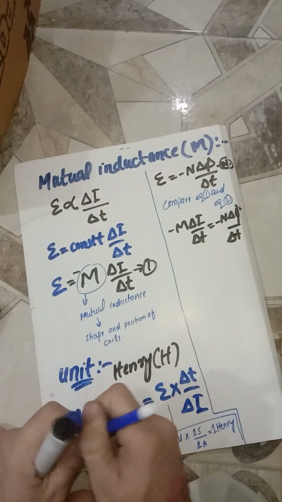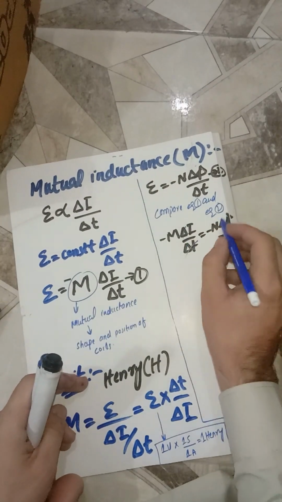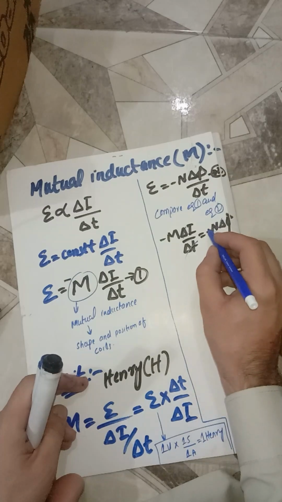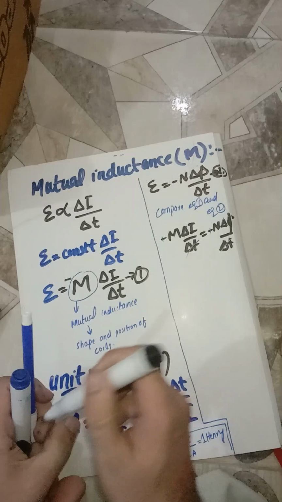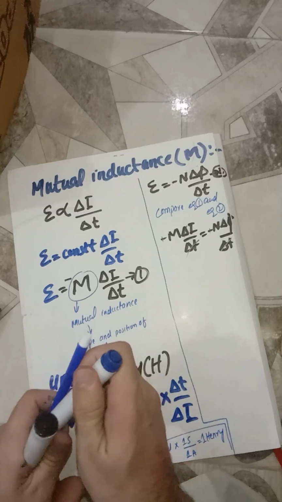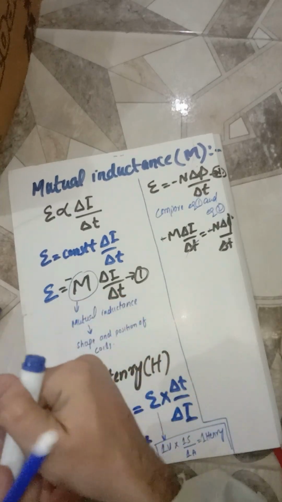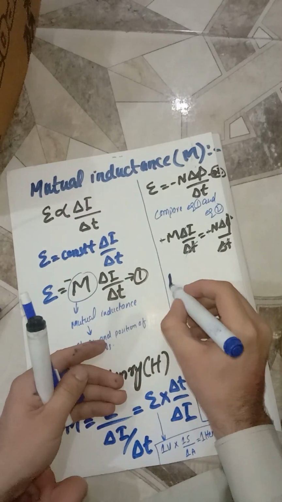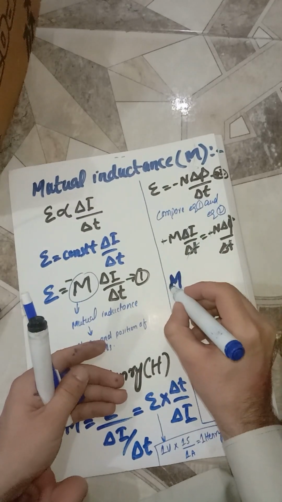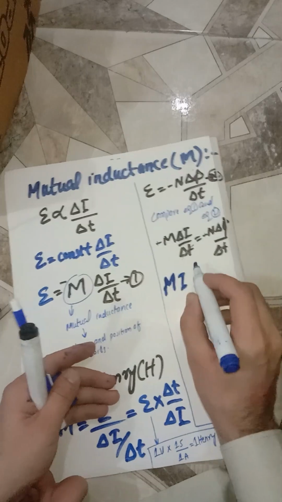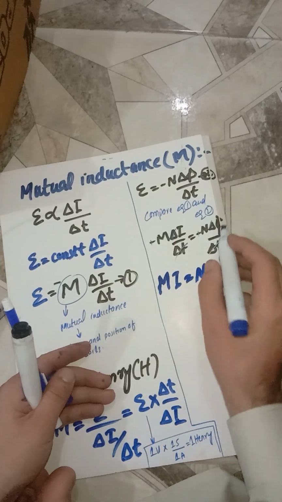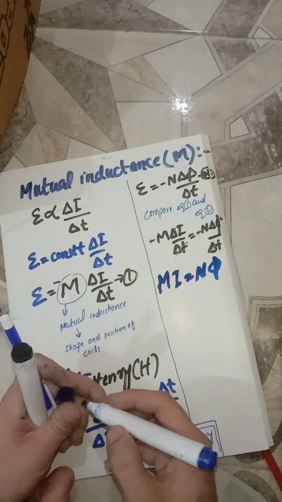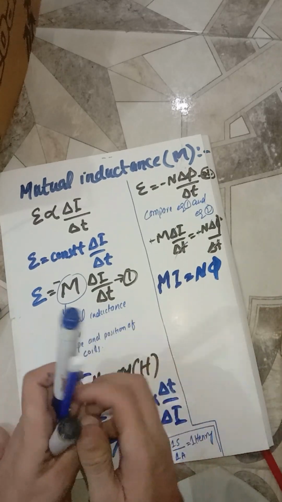The del by del t will be cancelled, and the negative signs will be cancelled. So on the left side, M, the mutual inductance, and I remain, equal to n and phi on the other side.